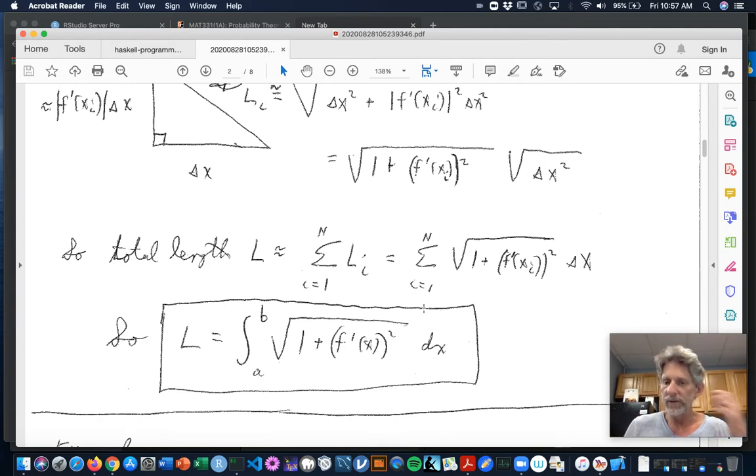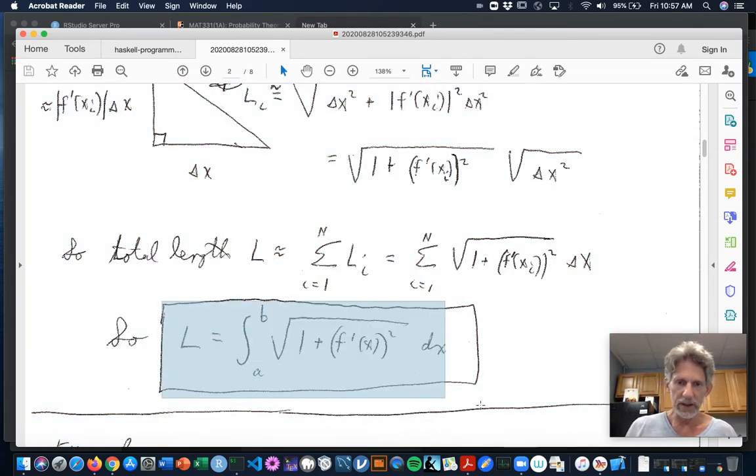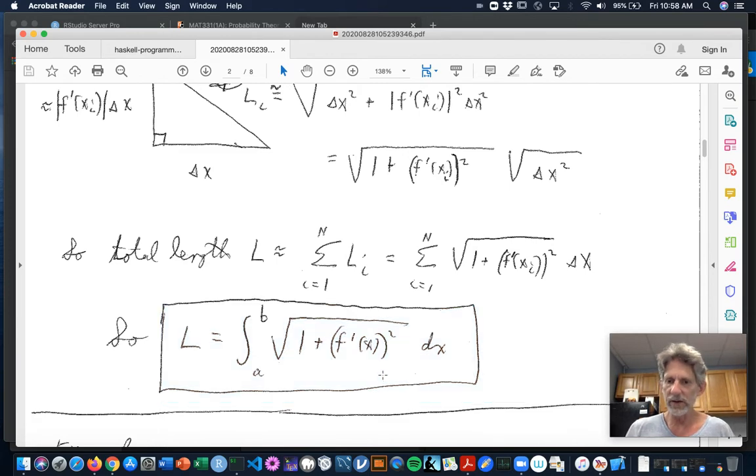More and more of these little tiny arc length sums. And you would get the definite integral from a to b of the square root of 1 plus f prime of x squared dx. So here's a nice formula for the arc length of the graph of the curve y equals f of x from x equal a to x equal b.